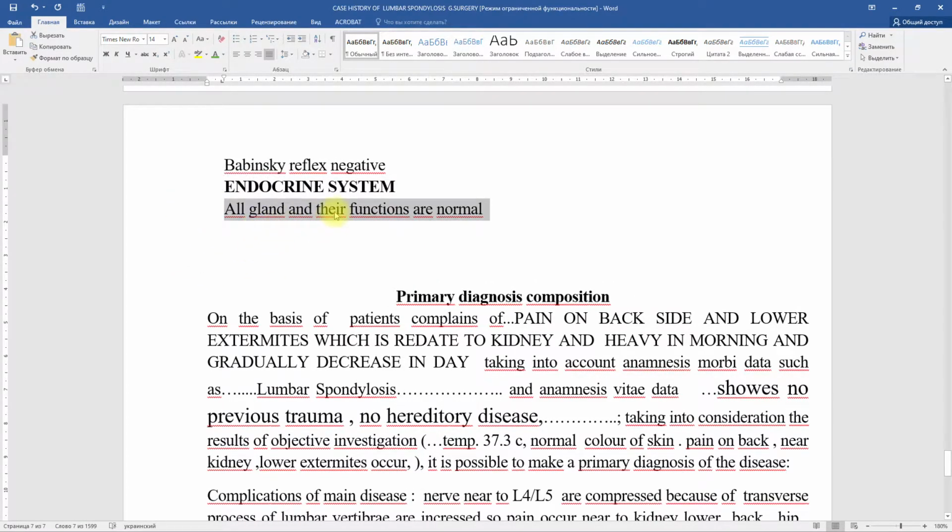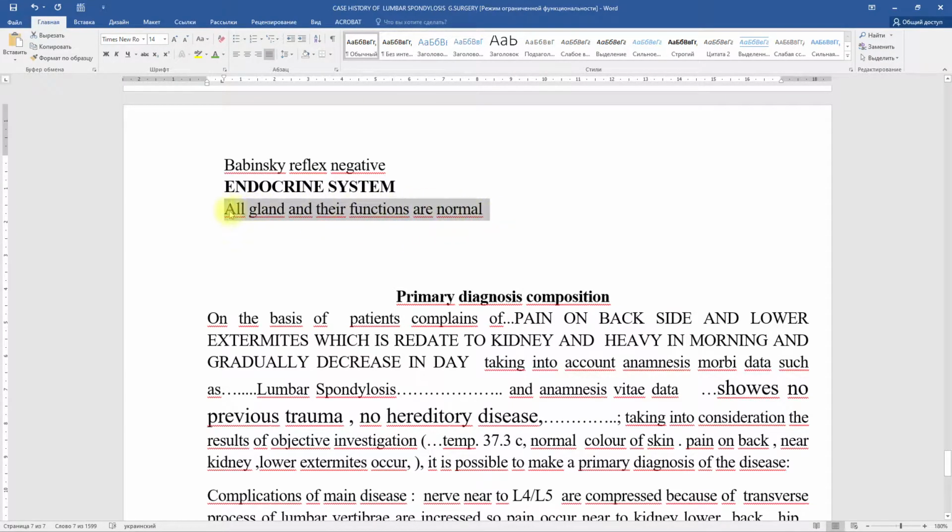How can you tell that all his glands and their function is normal by physical examination? Do you know the level of hormones, or do you know that all glands don't have signs of adenoma or inflammation or hyperfunction? You can't know that from physical examination, so this statement has no foundation.